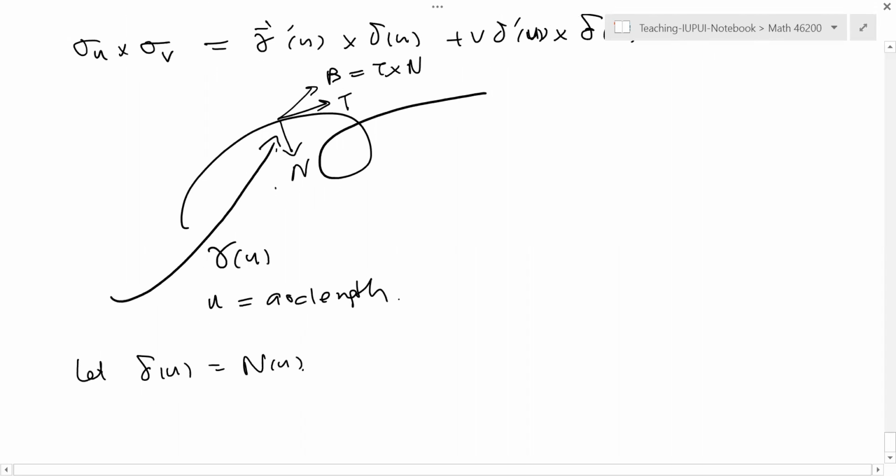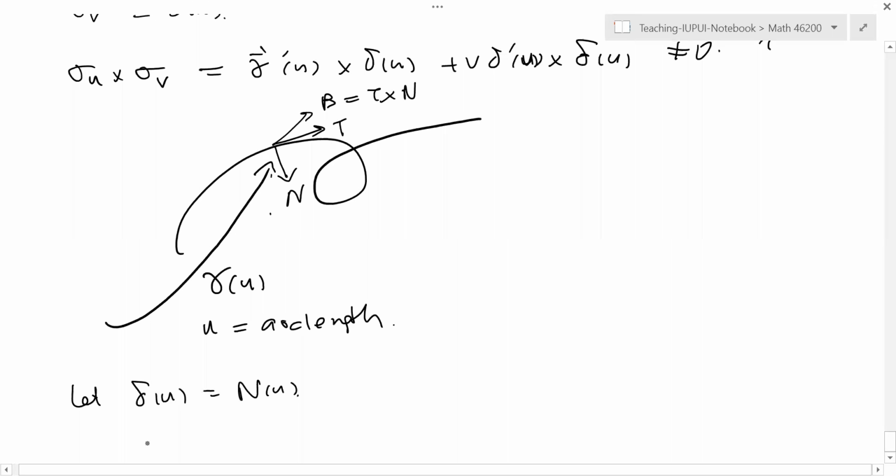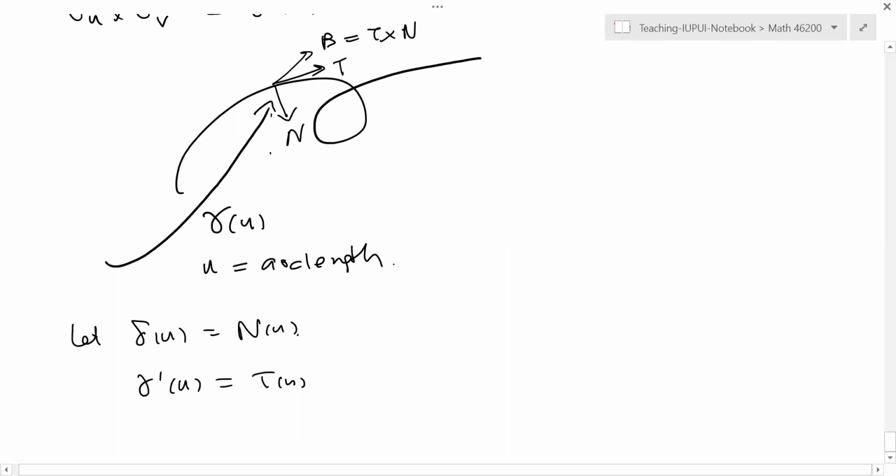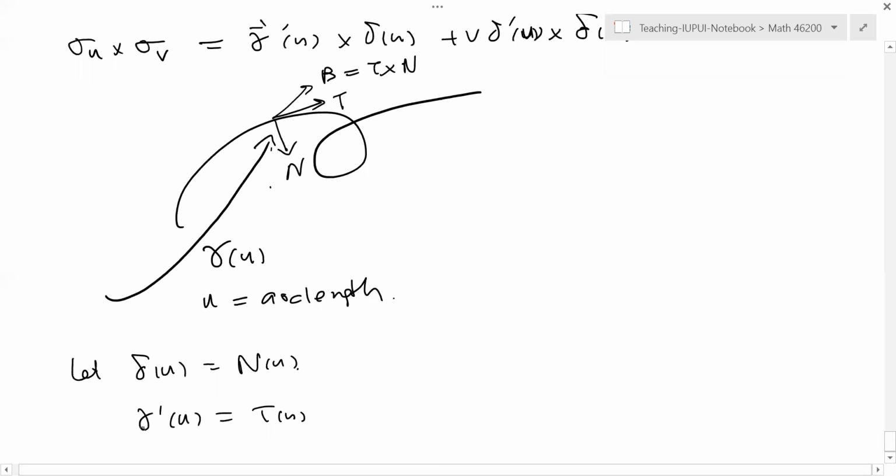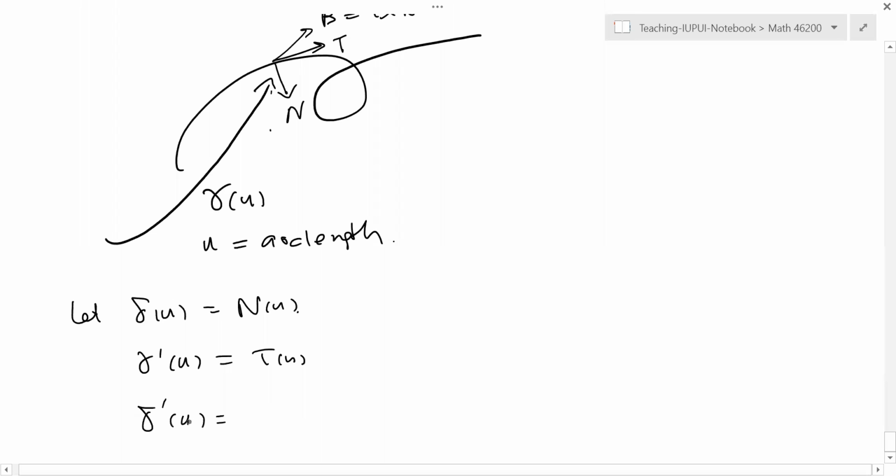Then remember, gamma prime is going to be t u, and the delta prime u is just n prime u.